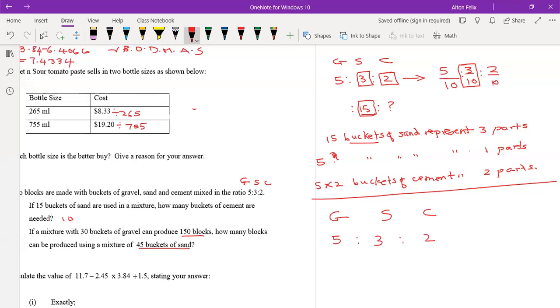If you're using 45 buckets of sand, this 3 parts is equivalent to 45 buckets. So let's see what 1 part represents. If 3 parts is equivalent to 45 buckets, then 1 part will be equivalent to 45 divided by 3, which will be 15 buckets.